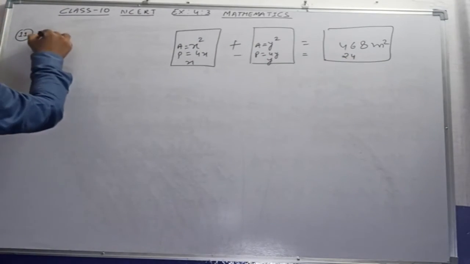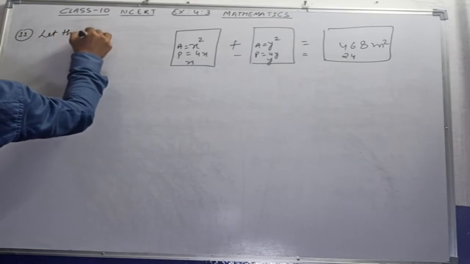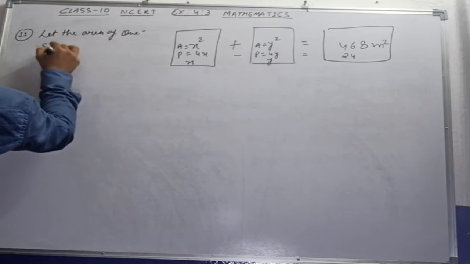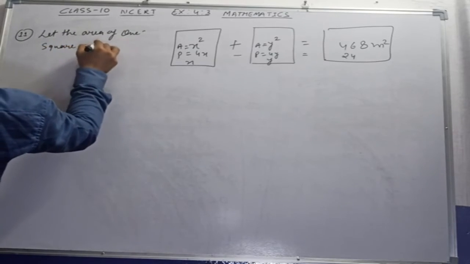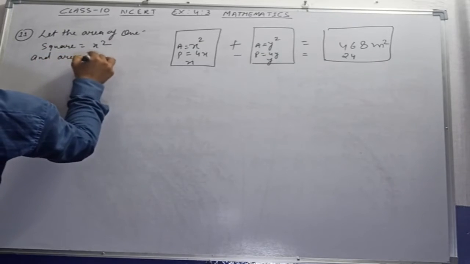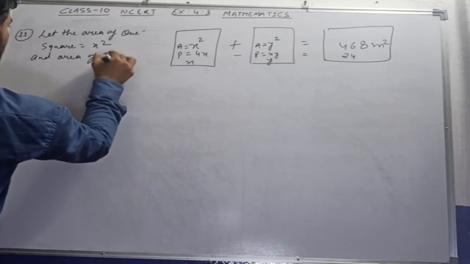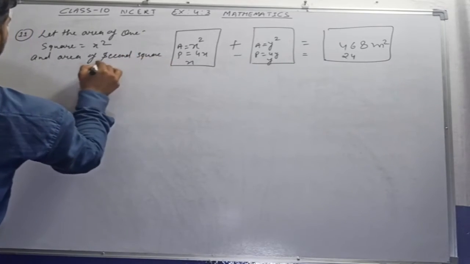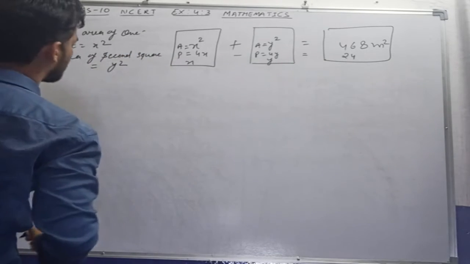So let the area of one square be equal to x square and the area of the second square be equal to y square.